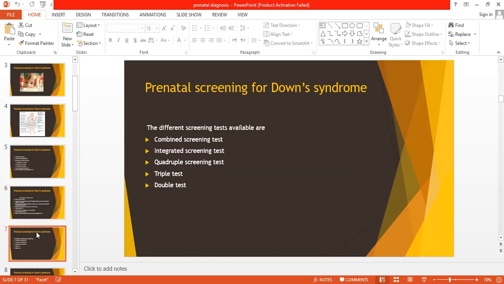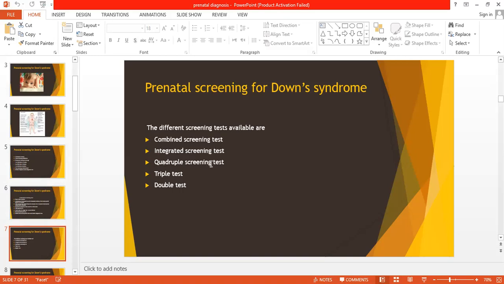These are the different screening tests available, right? The combined screening test, the integrated screening test, the quadruple screening test, the triple and the double test. The combined test is done in the first trimester. The integrated test is a combination of the first trimester with the second trimester: first trimester nuchal translucency measurement with biochemical markers from the second trimester.